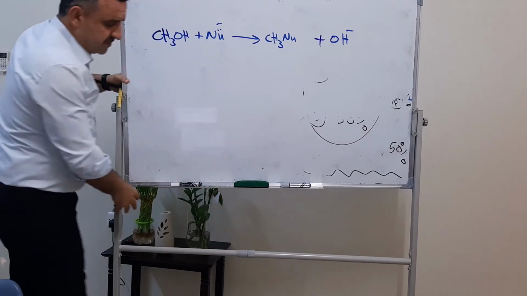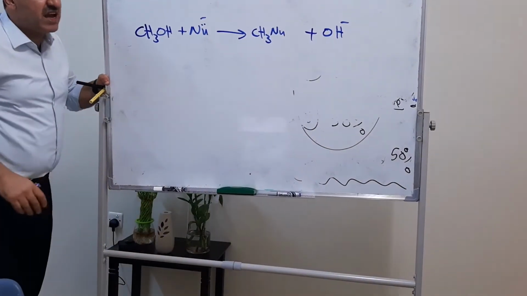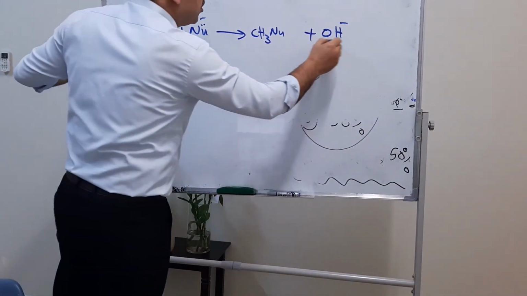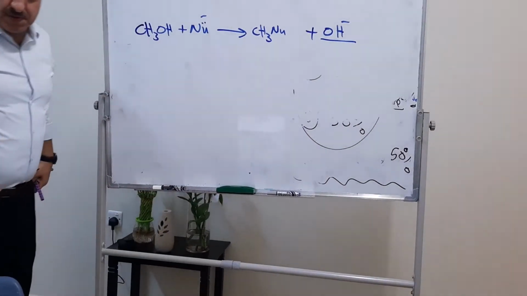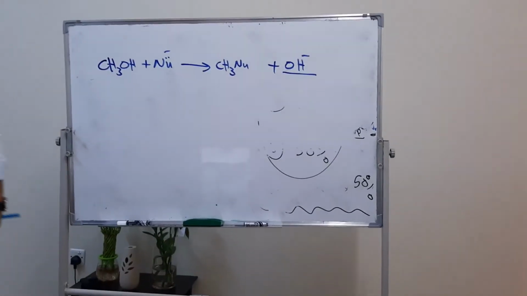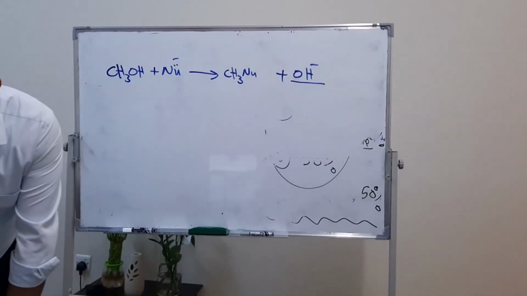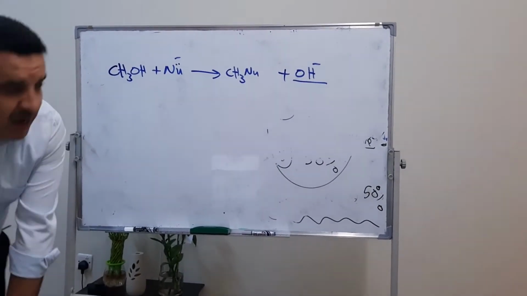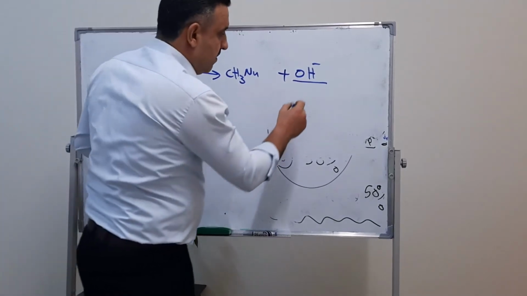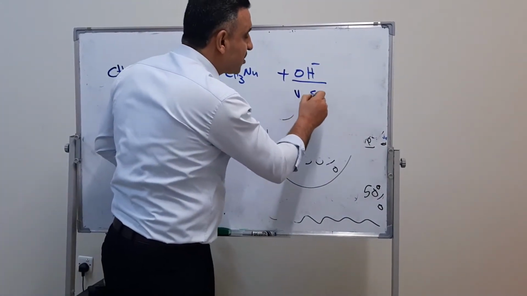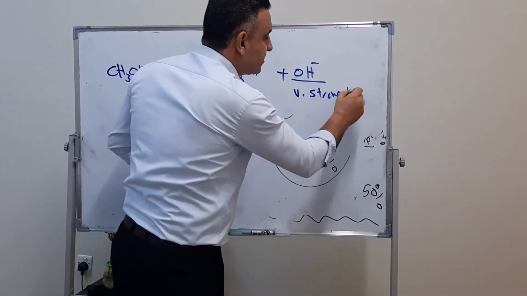The question is, is the hydroxide a good leaving group or a bad leaving group? What do you think? Bad. Why? Because it is a very strong base.